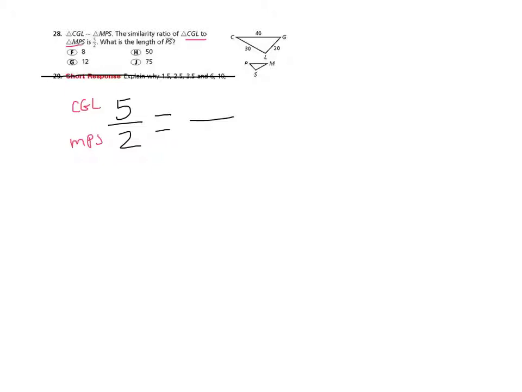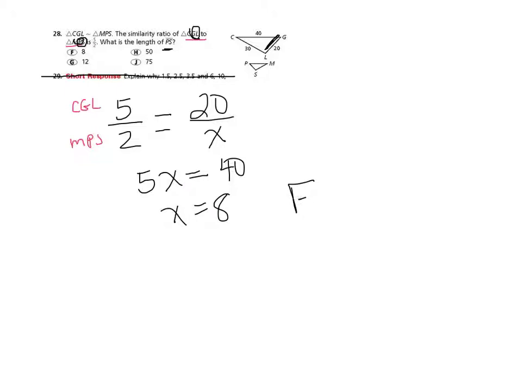If I need to find the length of PS, PS is out of MPS, so I don't know that length. But I do know that PS, the second and third letter, corresponds to GL, the second and third letter, which is this side. So I know I have to put my 20 in the numerator to go with CGL. So when I cross multiply here, I have 5x equals 40, so therefore x is equal to 8. So that gives me letter F as my solution.